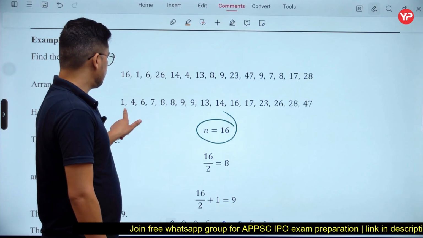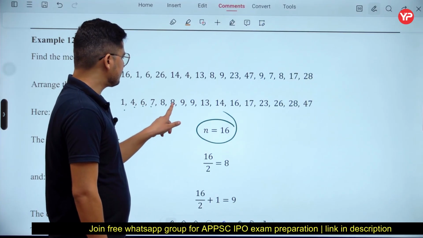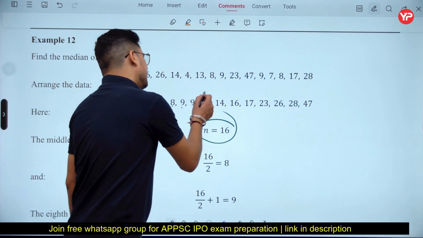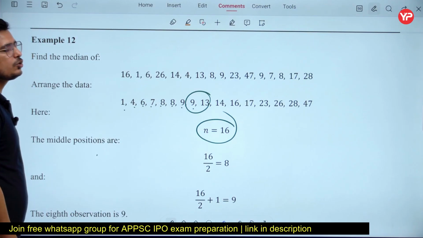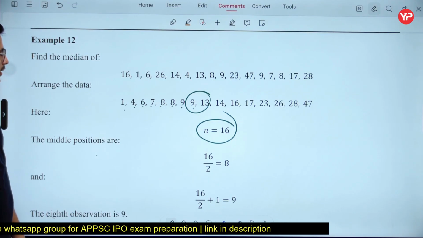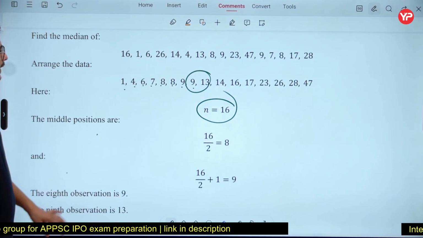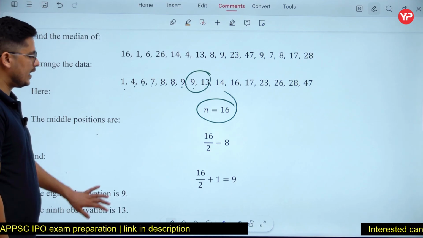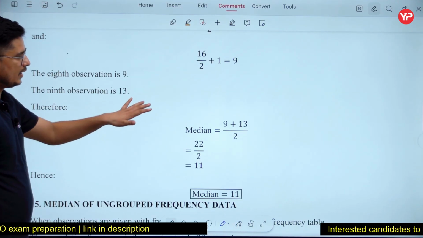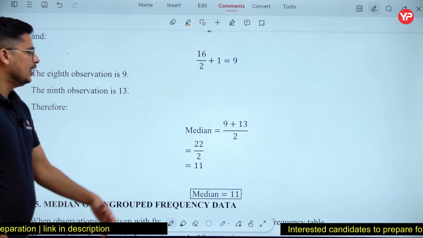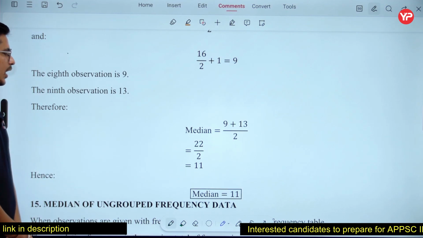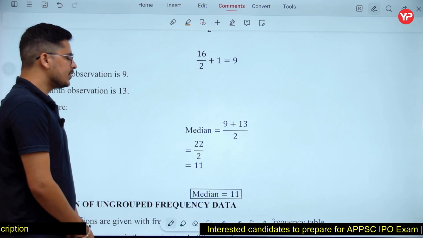At the 8th position, 1, 2, 3, 4, 5, 6, 7 and 8. At the 8th and 9th positions we have these two data, 9 and 13. So to calculate the median, we have to take the average: 9 plus 13 divided by 2, that will be 11. So the median of this data is 11.